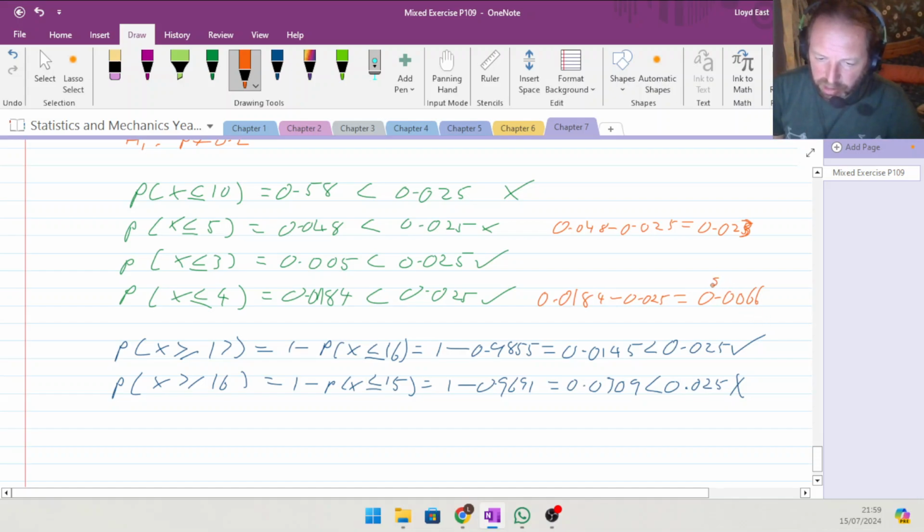Clearly this one is smaller, so we will use this. Definitely X being less than or equal to 4.